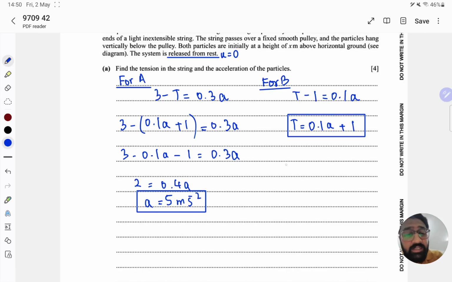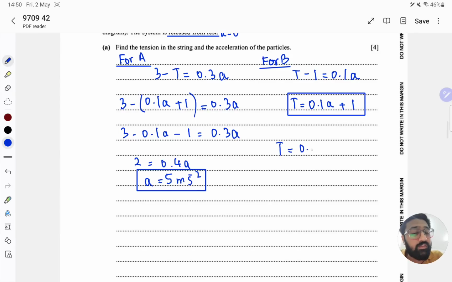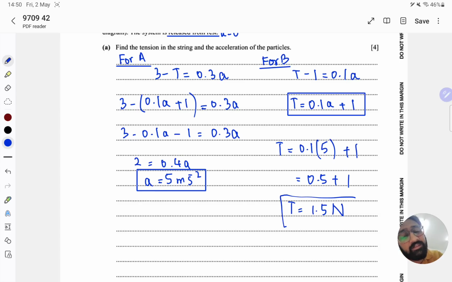We can find the tension by substituting this value of A in the other equation. So 0.1 times 5 plus 1, so it will be 0.5 plus 1. So the tension will be 1.5, and since it's a force, it's Newtons.